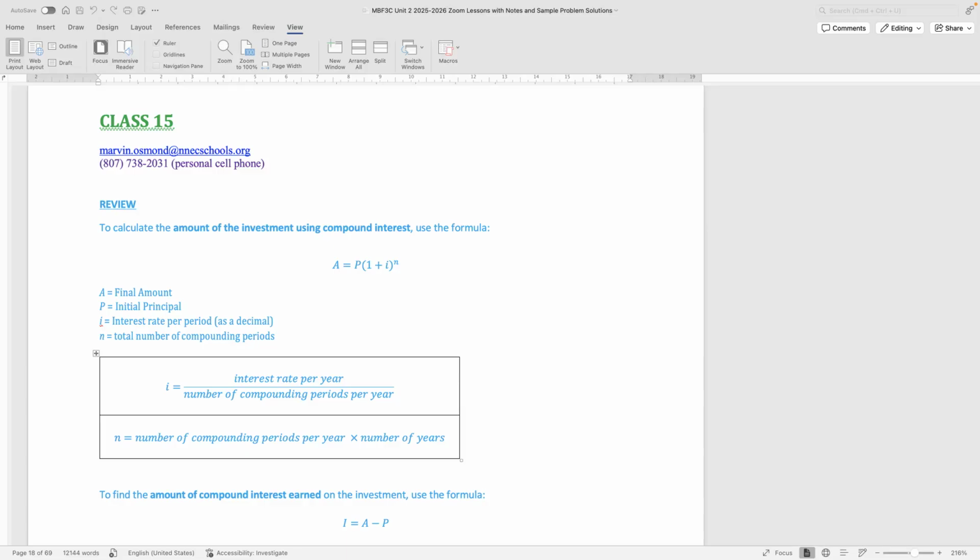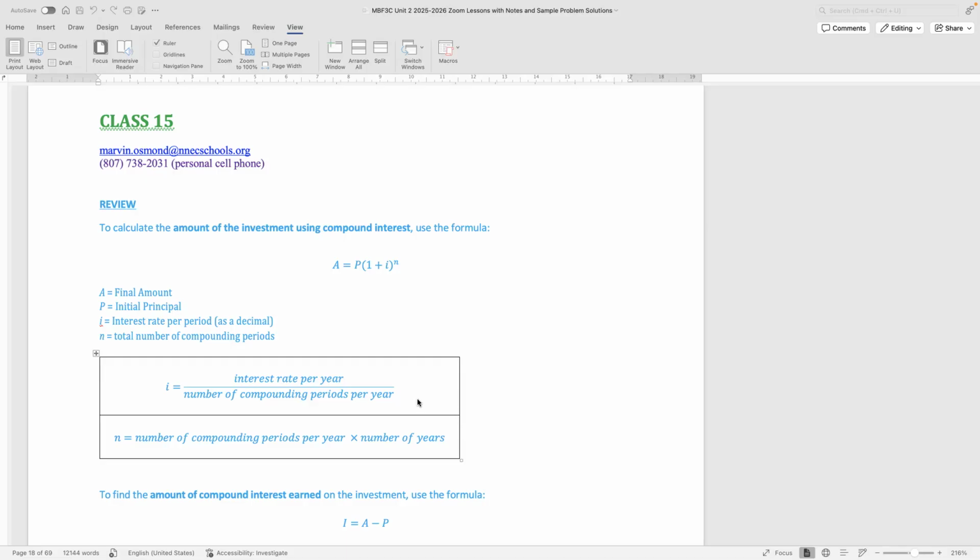Let's do a quick review. Yesterday we looked at the compound interest formula, A equals P times (1 plus i) to the power of n, where A is the final amount, the amount at the end of the period we are interested in. The initial amount or initial principal is P. i is the interest rate per period, again as a decimal, and n is the total number of compounding periods.